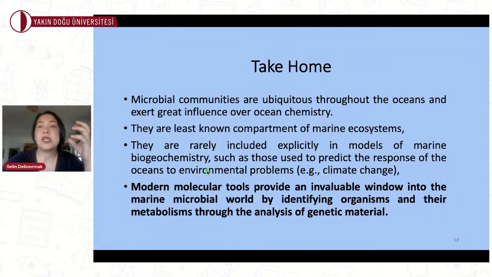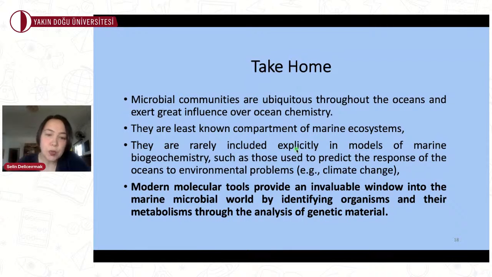So here I would like to stress some important points that I have mentioned until now. Microbial communities are ubiquitous throughout the oceans and exert great influence over the ocean chemistry. They are the least known compartment of marine ecosystems, and they are rarely included explicitly in models of marine biogeochemistry, such as those used to predict the response of oceans to environmental problems, such as climate change.